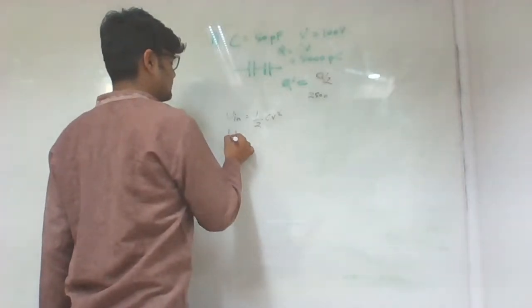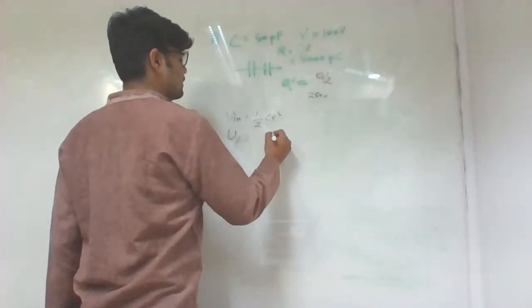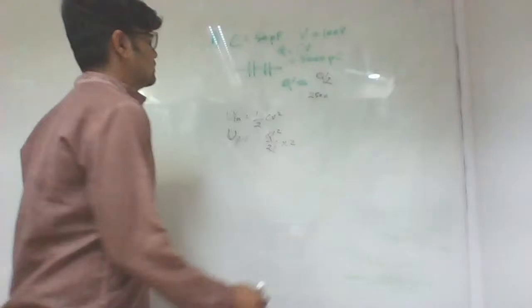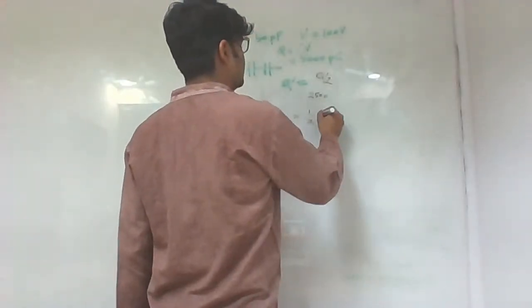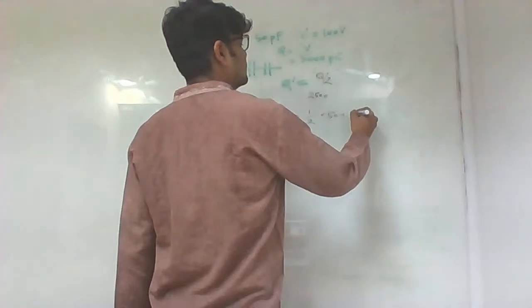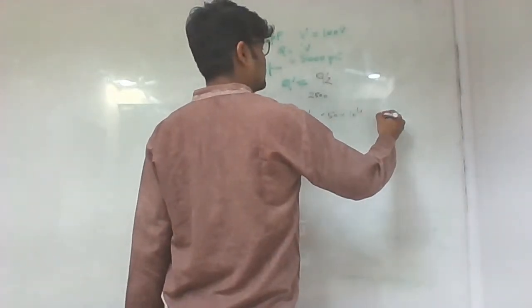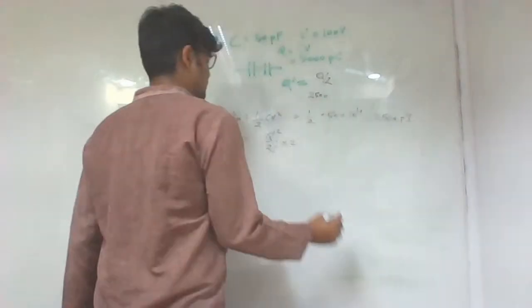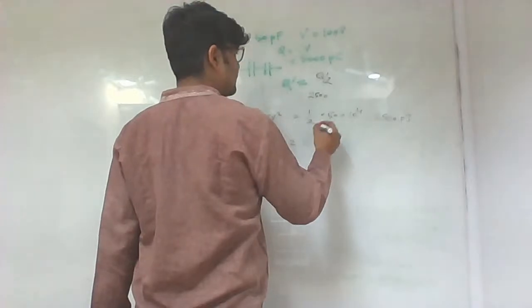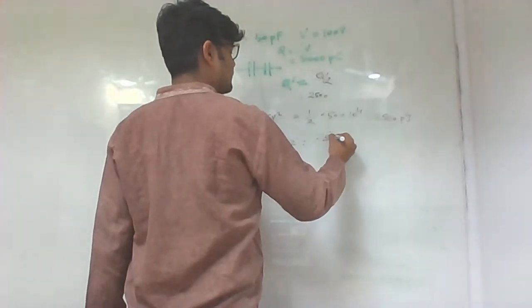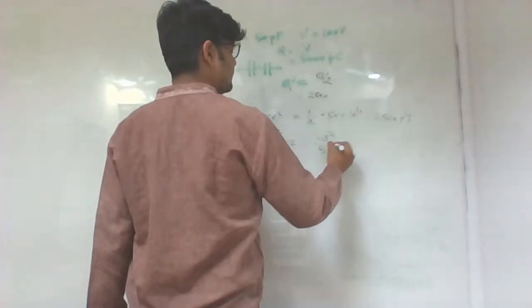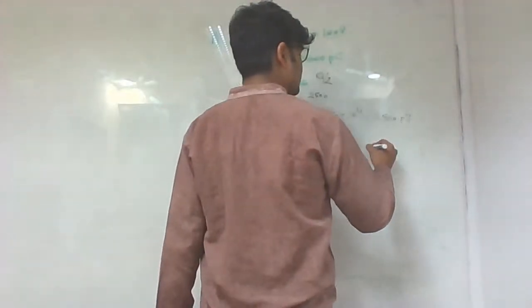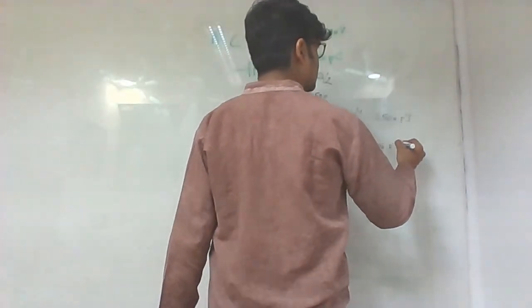U final is Q prime square by 2C into 2, which is 25 square by 5 into 100, so this is 1250 picojoules.